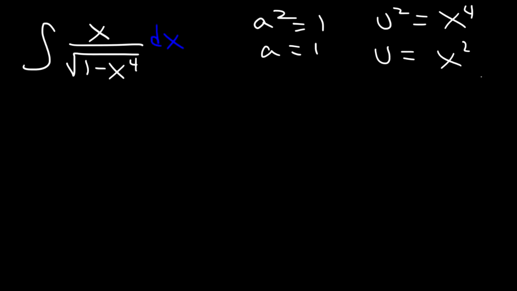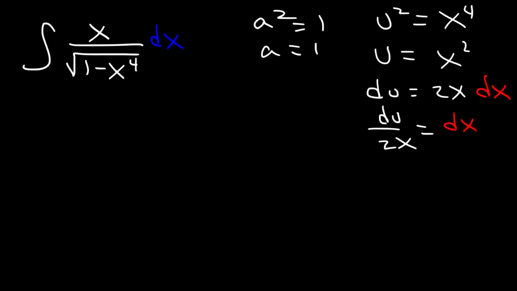Now, if u is x squared, then that means that du is going to be 2x times dx. And now let's solve for dx. That's du over 2x. And let's also solve for x. Well, actually, we don't need to, because we can cancel it.